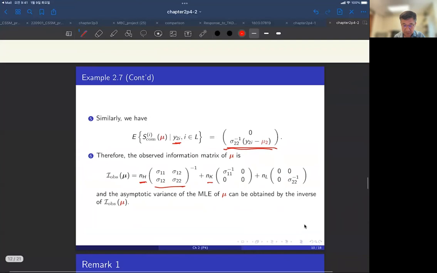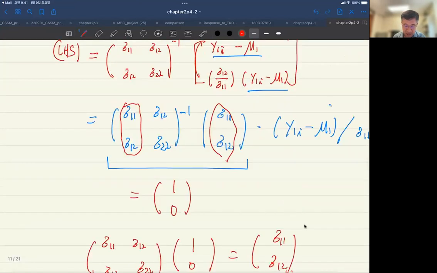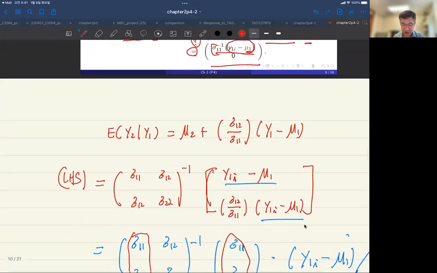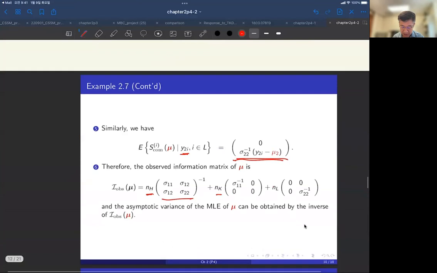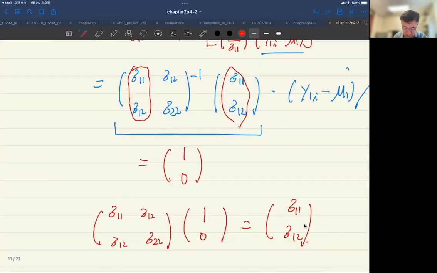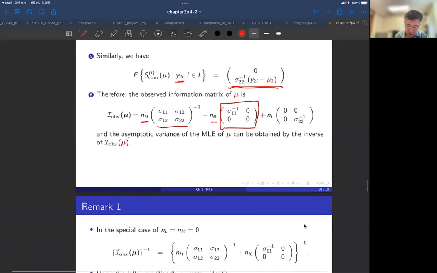In the K set, you have only this term. So the information matrix will be this one. How? You have sigma 11 inverse times Y1 minus mu1, and 0.